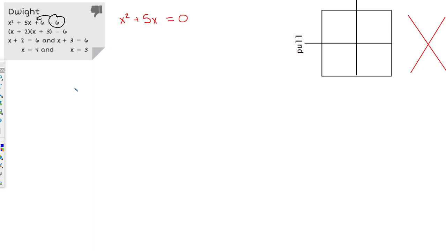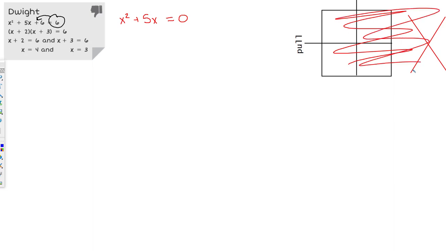If that is ever the case, you don't have to use this. There's a way to use it, but you don't have to. If you use it, you only need one row. So we want to think about what can I bring out of the x squared and the 5x?